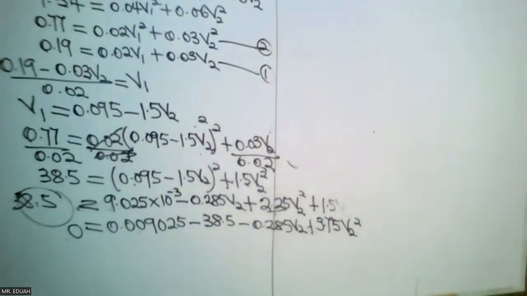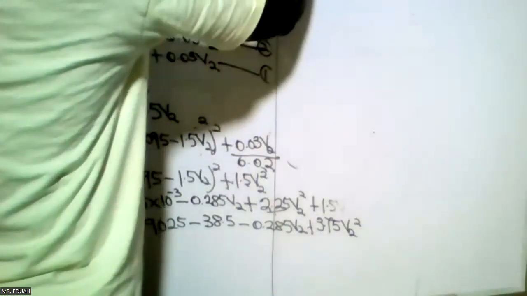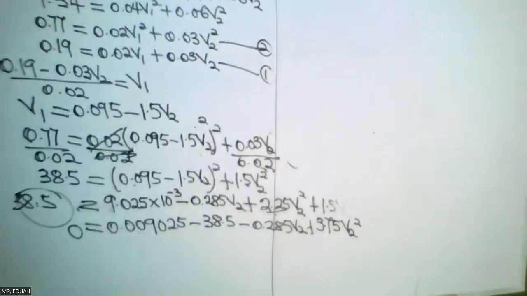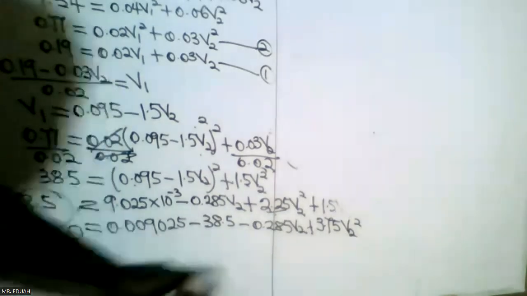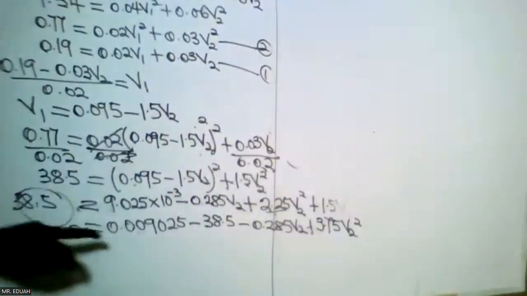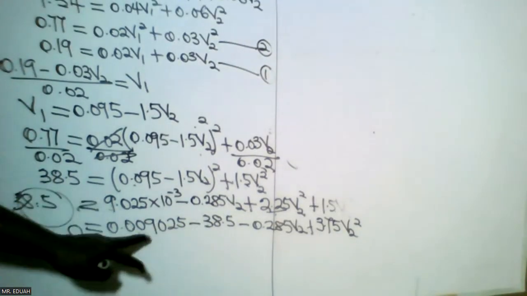So we have 3.75 V2 squared, then minus 0.285 V2. Of course, this will give you a minus when you subtract 38.5 from this.